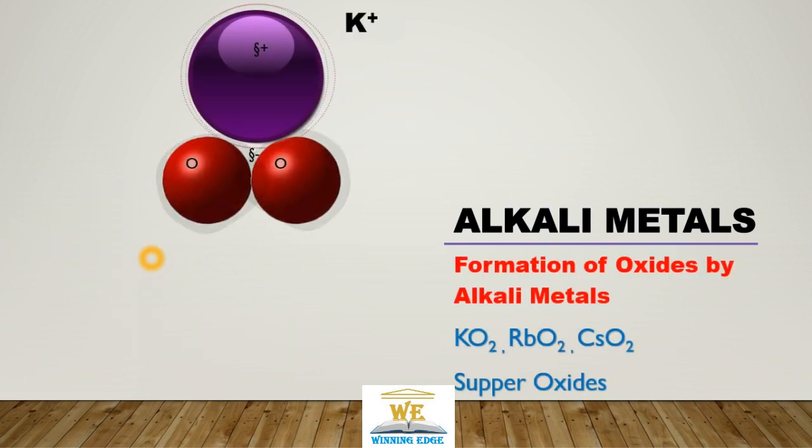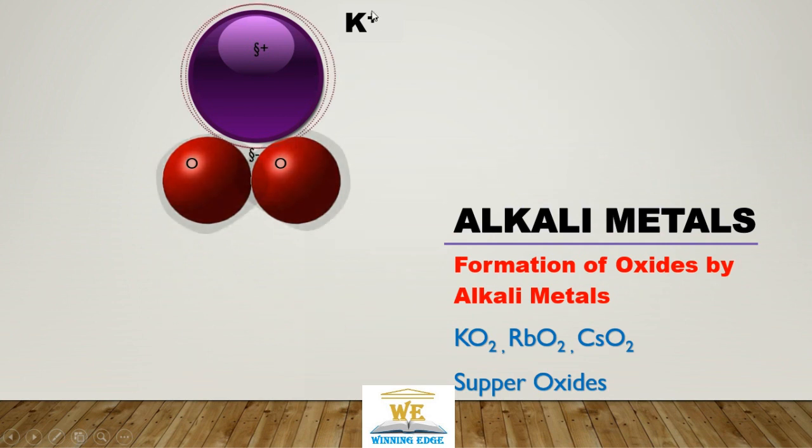And what we see, we are talking about potassium superoxide, rubidium superoxide, and cesium superoxides. In these superoxides, a single unit of negative charge is distributed over two oxygen atoms. So electron cloud density is relatively small over these oxygen atoms. Thus, there is not a big electron cloud density for distortion.